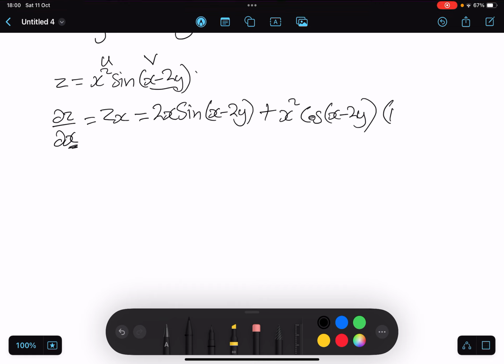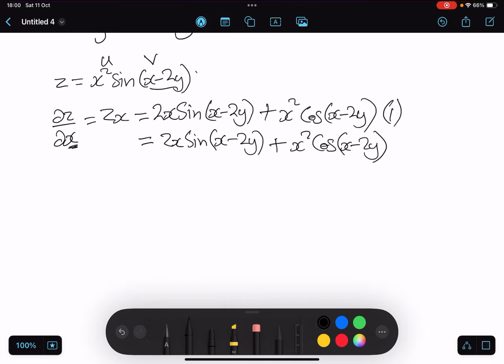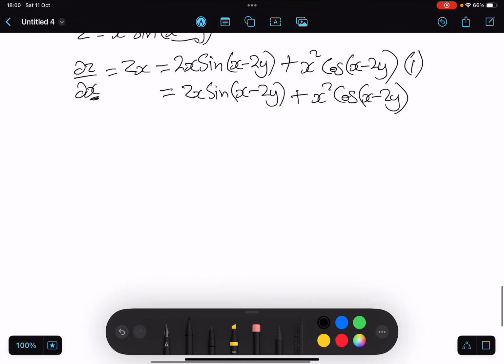We are going to have 1, because minus 2y is a constant. So this simplifies to just 2x sine(x minus 2y) plus x squared cos(x minus 2y). So we have found zx, we found the dz dx.